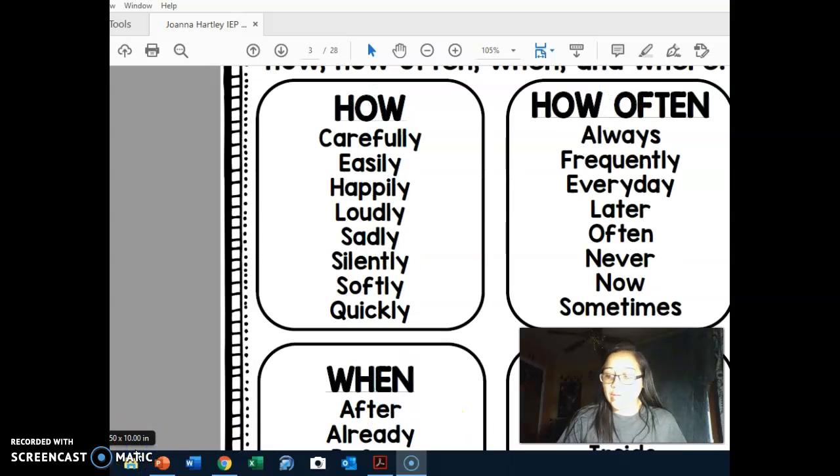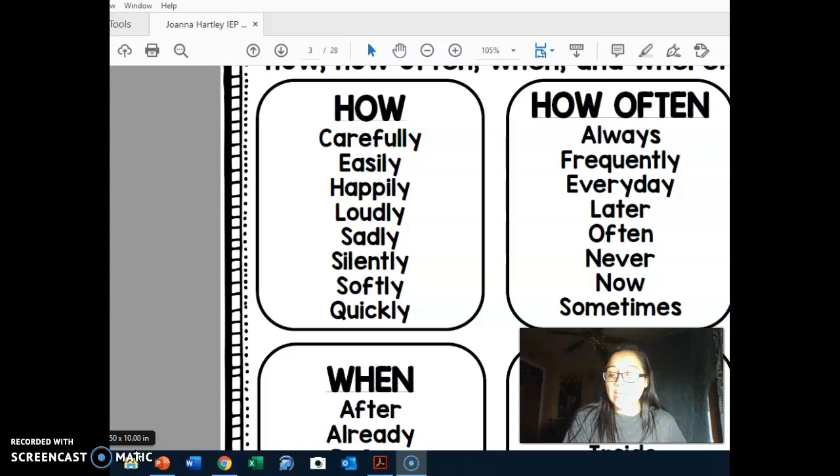Okay, Joanna, I'm going to go ahead and give you an example of a sentence, and you are going to identify the adverb. So for example, I'm going to read you one. It says, he never eats peas. What would be our adverb there? So he never eats peas. Remember, ask yourself that question. How often, when, and where?